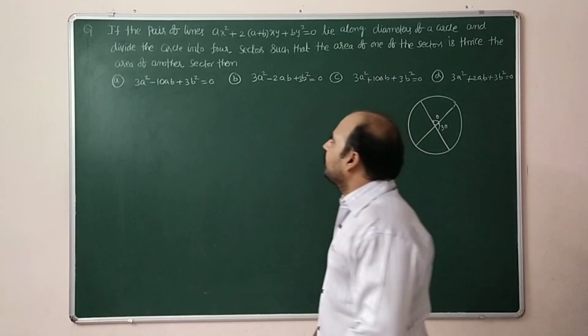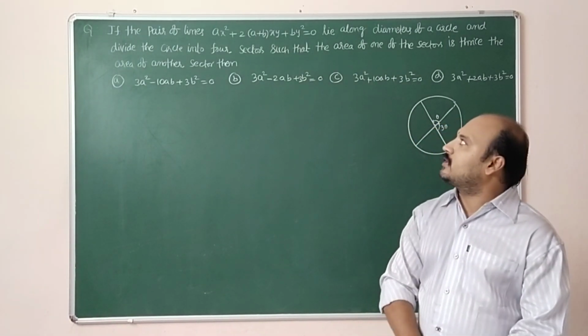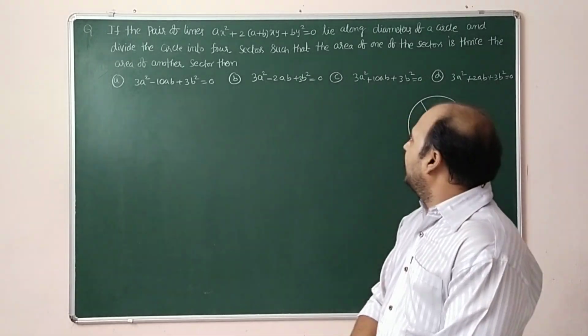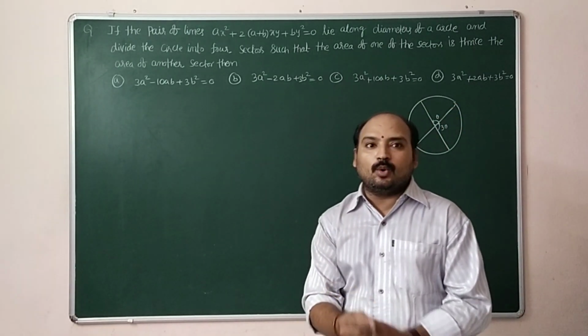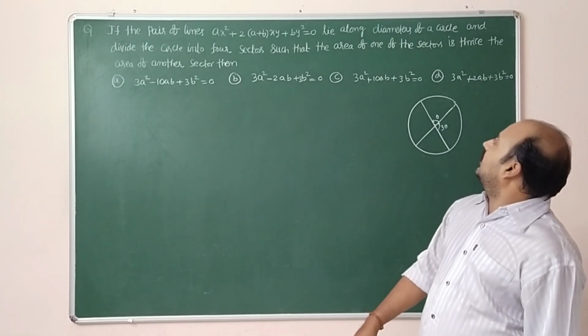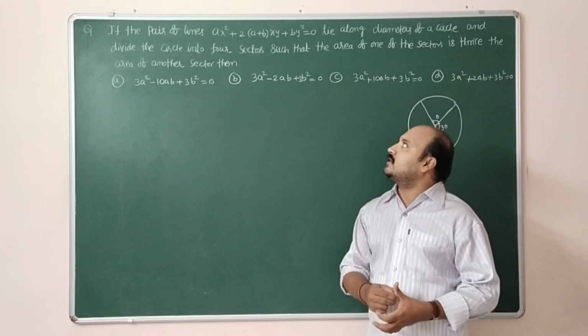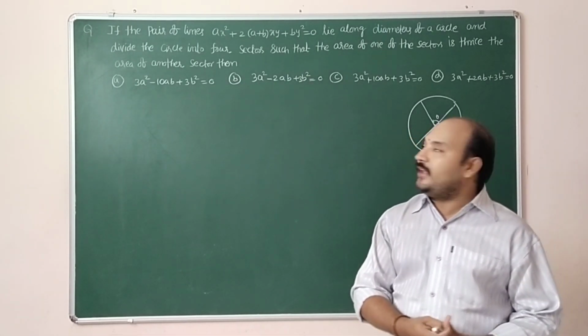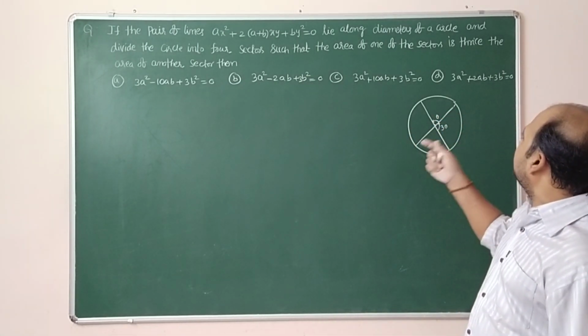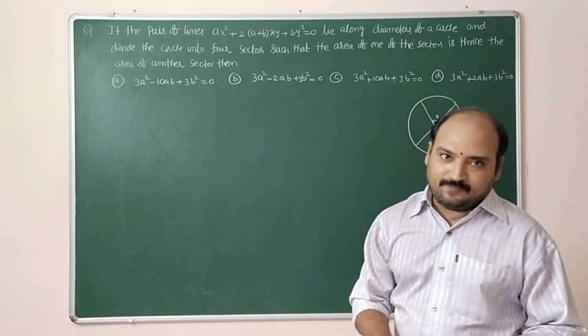The next question. If the pair of lines ax square plus 2 into a plus b into xy plus by square equal to 0 lie along diameters of the circle and divide the circle into 4 sectors such that the area of one of the sectors is thrice the area of another sector.